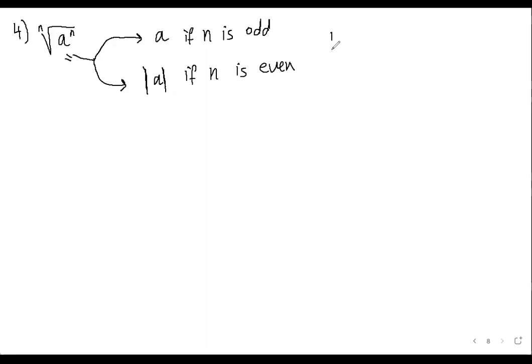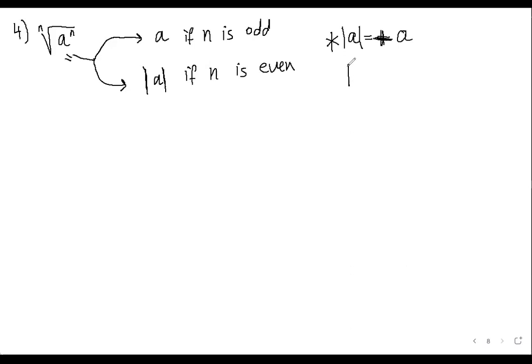But let me give you more explanation for the absolute value of a. The absolute value of a always gives me a positive number. I change the sign of a to positive.